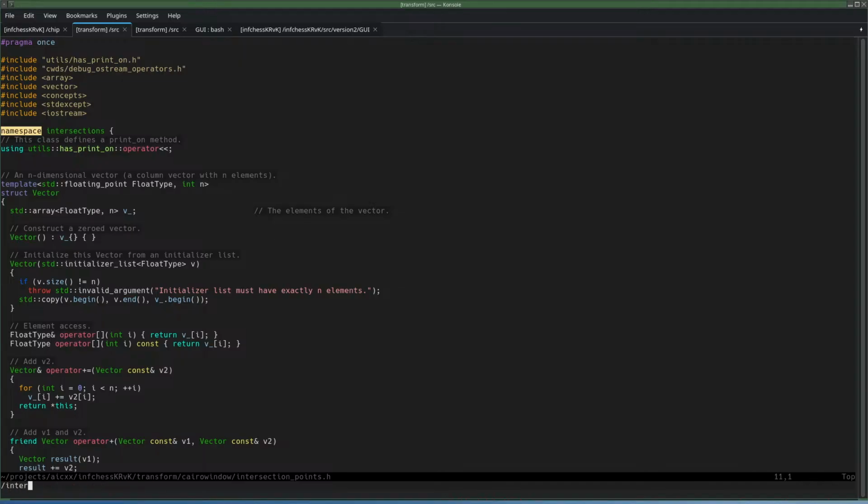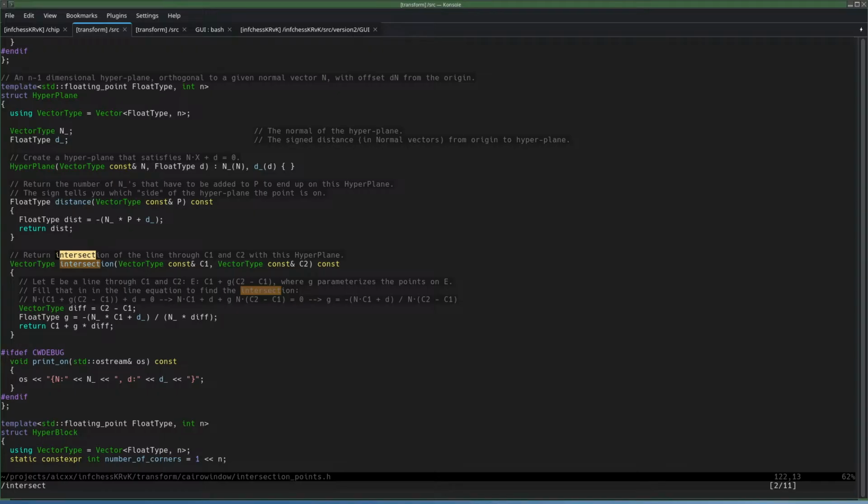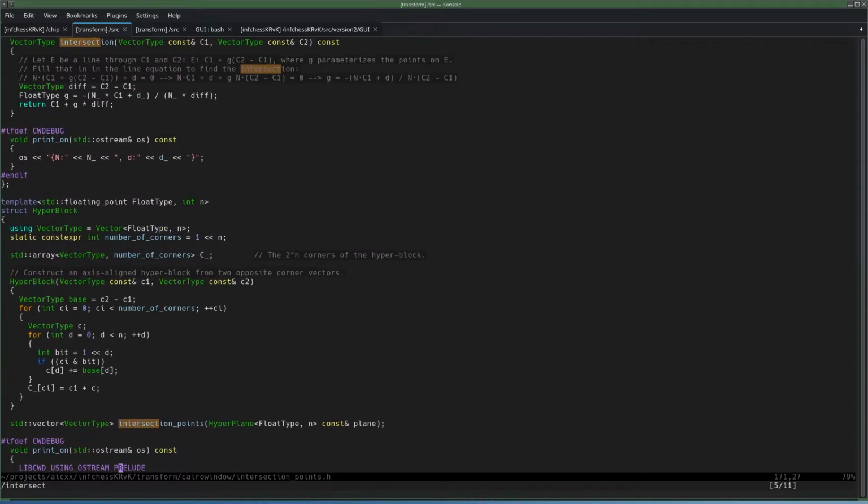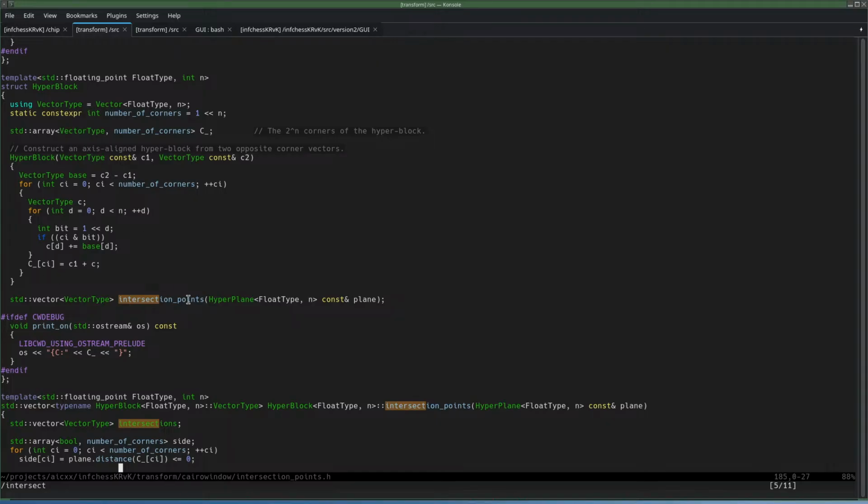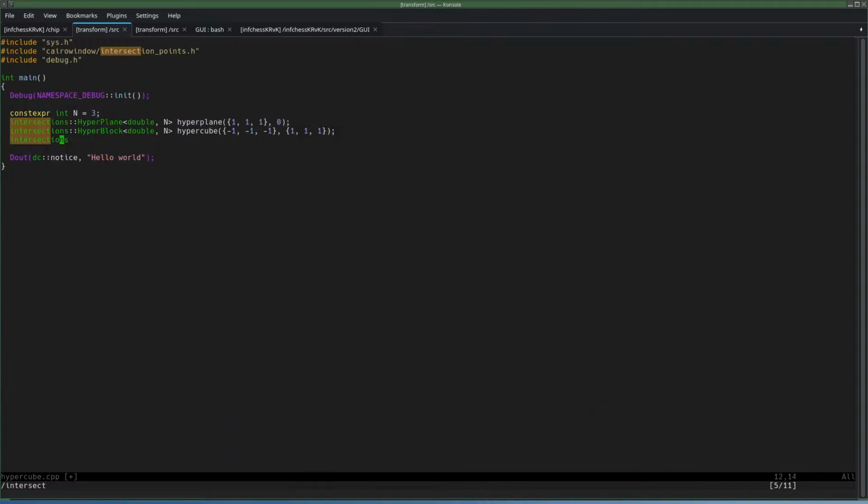I think it's intersection. That's a single intersection. Intersection point. Call that on the block, passing the plane. Those are then the vertices.